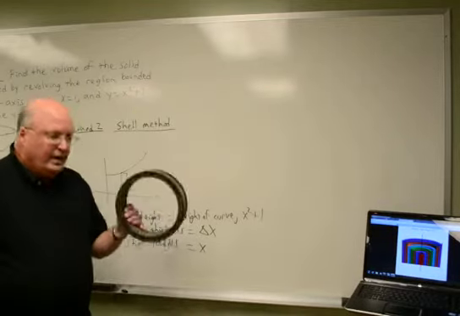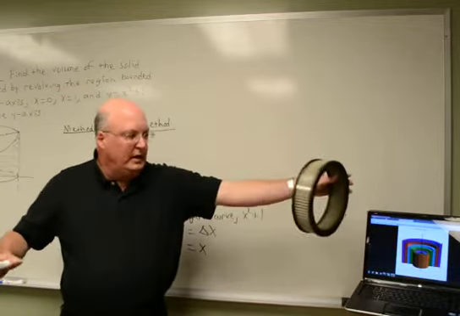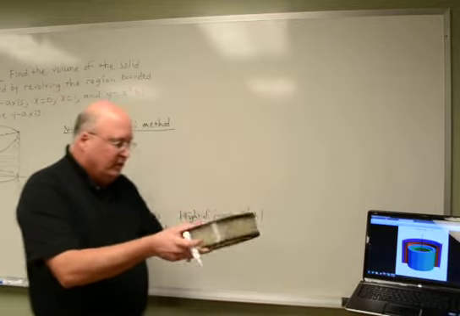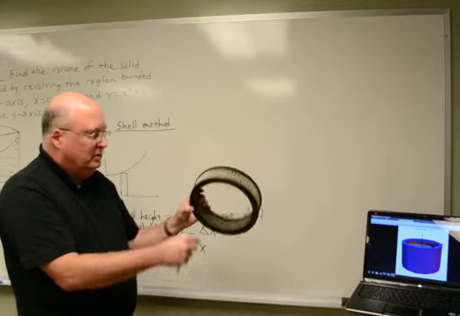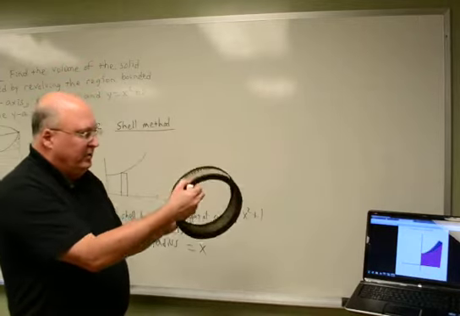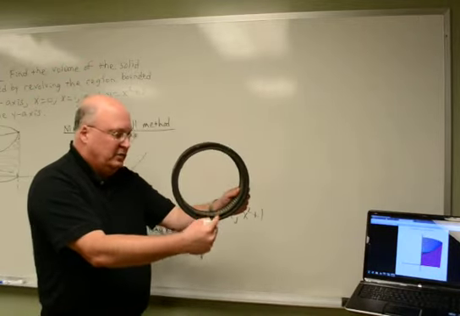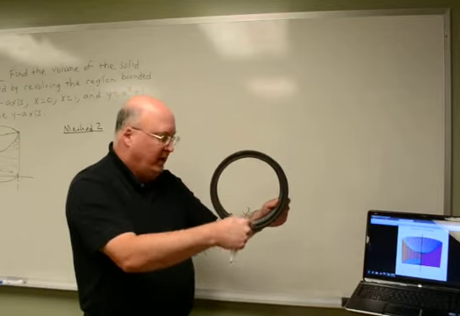But how do we find that volume then? Again, let's think about cutting this and laying it out flat. The shell height is one of these dimensions of the box, and so is that shell thickness. That would be that distance as you are laying this out. So the shell height goes forward and backward.